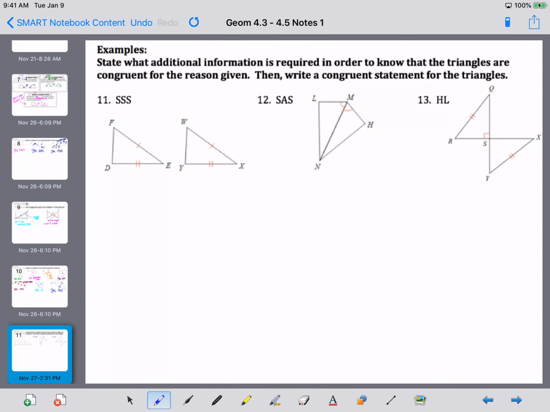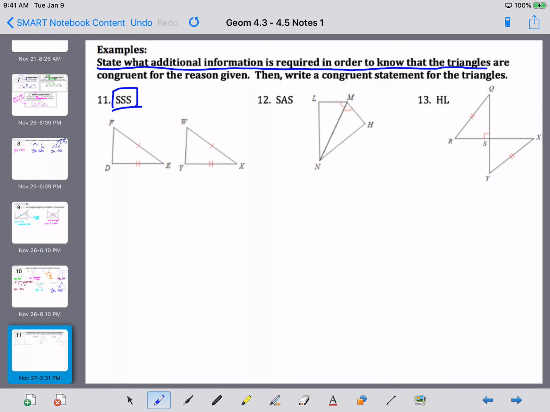We're going to state what additional information is required in order to know that the triangles are congruent for the reason given. Then write a congruent statement for the triangles. So in example 11, they want us to use side, side, side, but they only gave us two sides. So we're going to state what additional information is required.